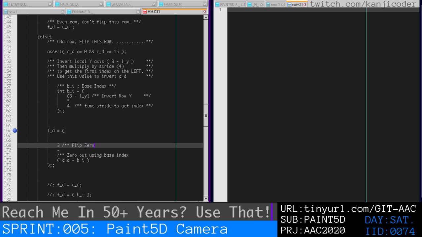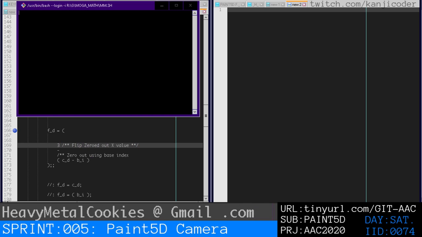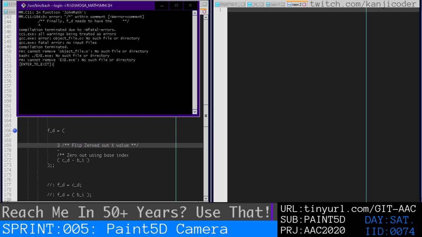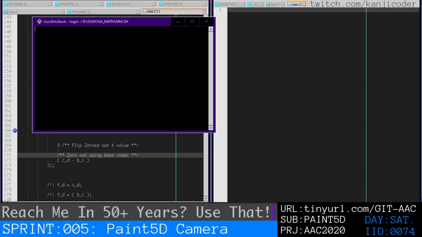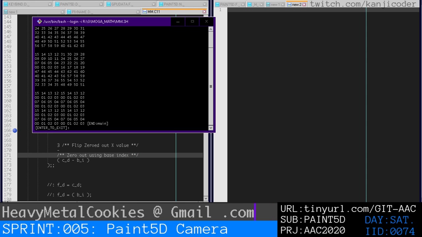Flip zeroed out x value. Alright, so let's try that. Let's flip that zeroed out x value, make sure that it's flipped now. Okay. So it's counting up 0, 1, 2, 3. 0, 1, 2, 3, right?